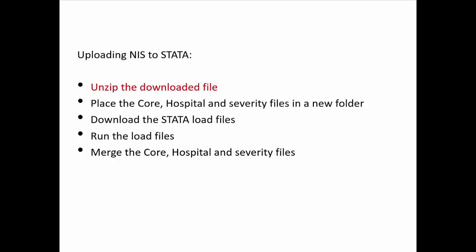Let's start with unzipping the downloaded file. When we buy the NIS from the HCUP central distributor, it comes as a zipped file. This zipped file is downloadable from their website. It used to come on DVDs in the past when I started using NIS, but now it's automatically downloadable from the website. And I'm gonna show it to you here.